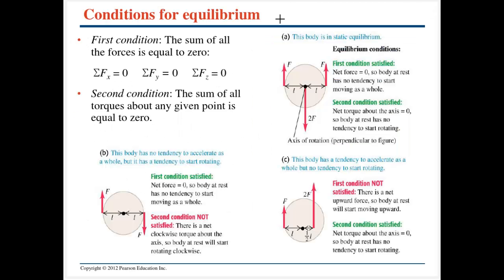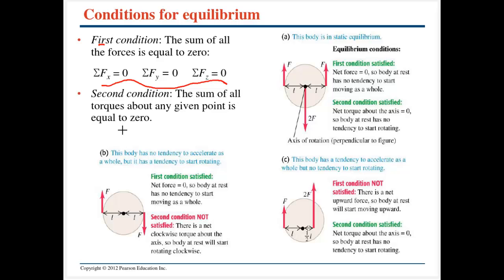On the last slide I said that the condition for equilibrium is that an object is not accelerating. So from that I can come up with two conditions that would say an object is not accelerating. The first condition is that there is going to be zero net force on an object. If there is zero net force, then it will not be accelerating. The acceleration must be equal to zero.